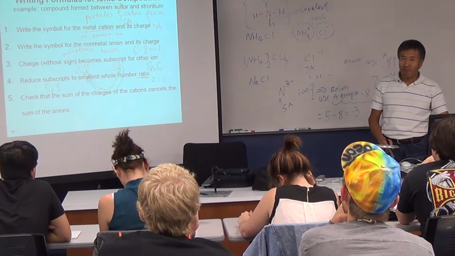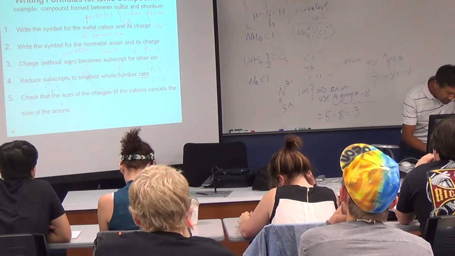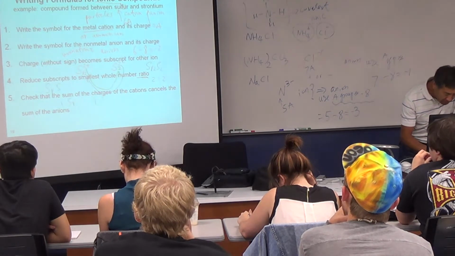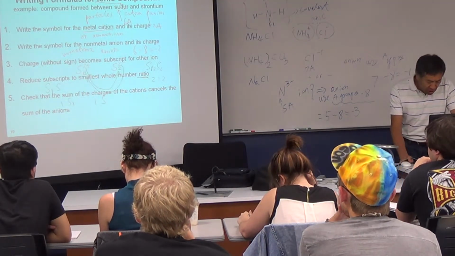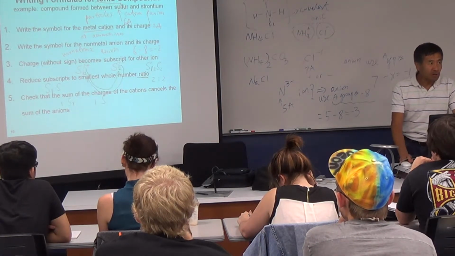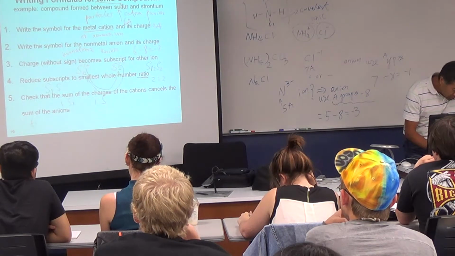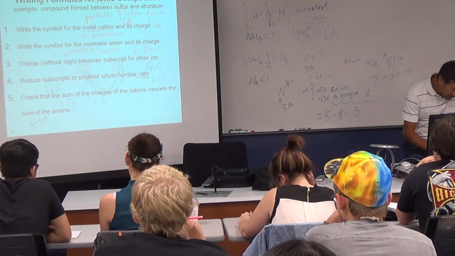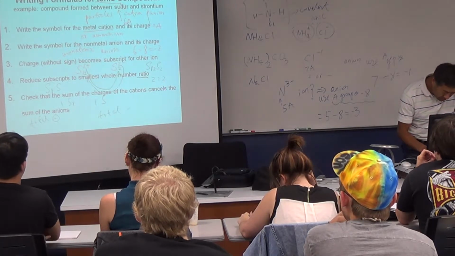Your answer from step 4 is 1 SR, 1 sulfur. So you want to check whether the charge comes out. You will see how many total negative and how many total positive charge you have.